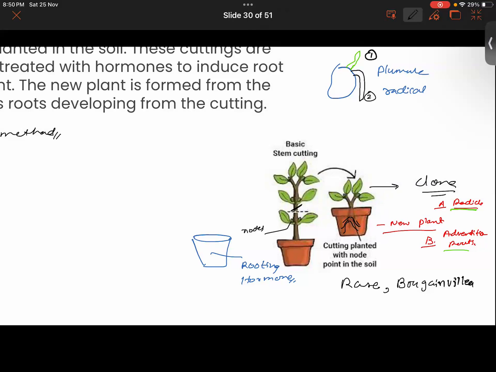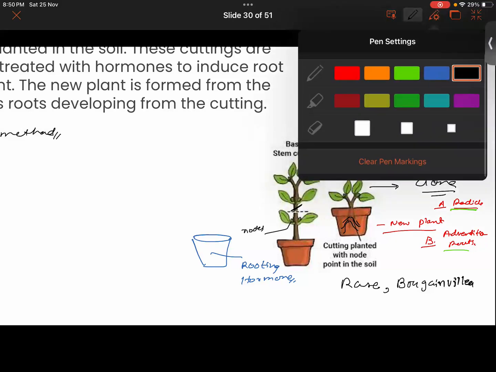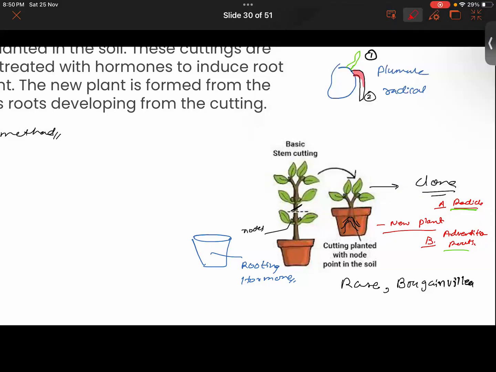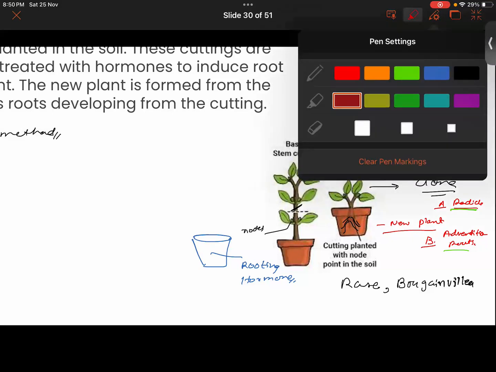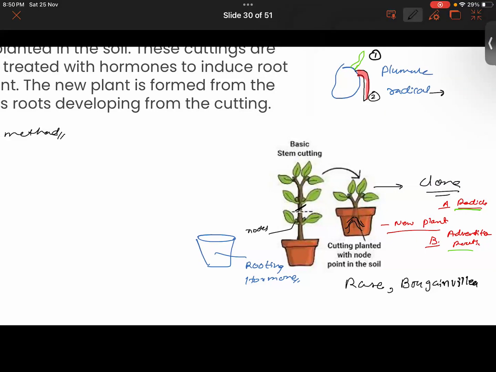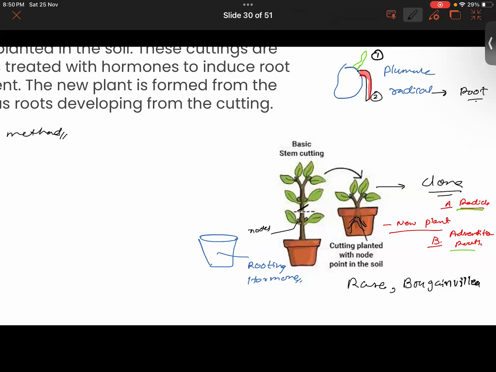The second one is the radical, and the first one is the plumule. The radical later on develops into root. For the original plant, I might have grown it from the seed. That seed germinated, so the root originated from the radical.